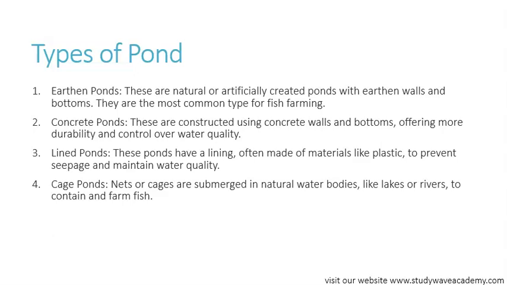These ponds have a lining, often made of materials like plastics, to prevent seepage and maintain water quality. Lined ponds have a plastic or similar lining to prevent water leakage.